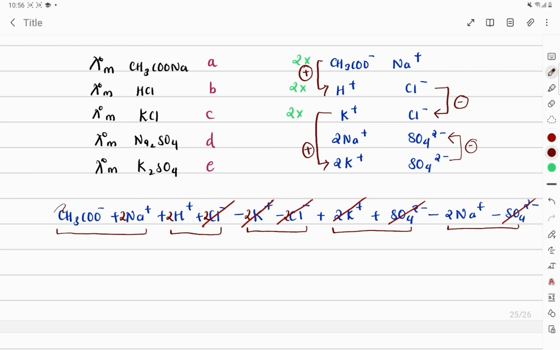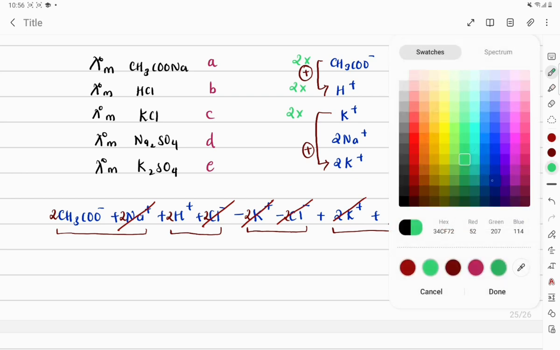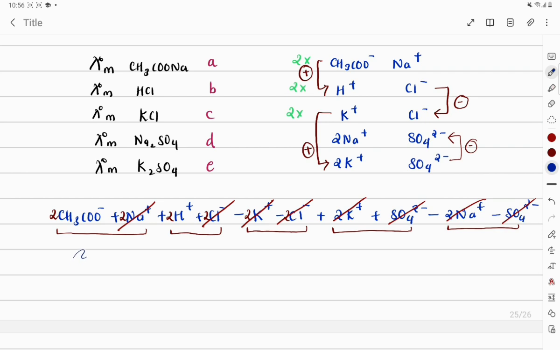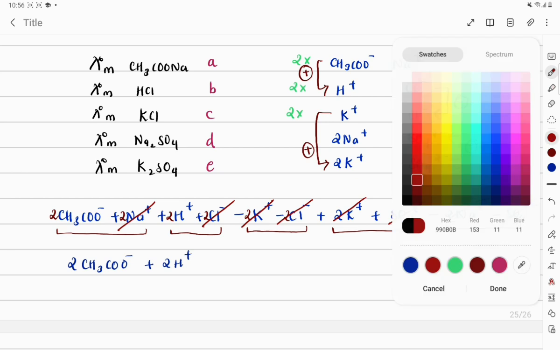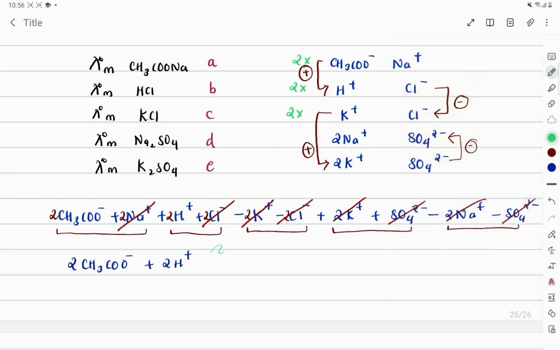Okay, so here also I have to put a 2. Now I see Na plus is also cancelled out. So what is left now? I have 2CH3COO minus plus 2H plus. But what I want is not for 2 ions but just for a single ion, which means I will have to halve whatever I have got. So I have to multiply by half.